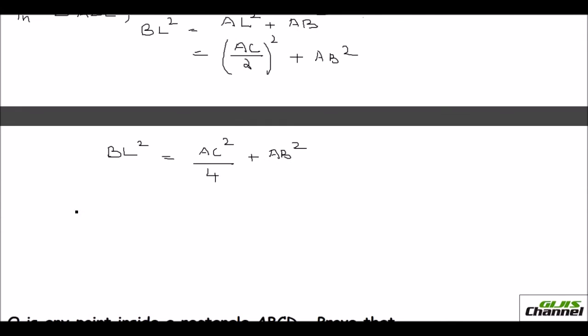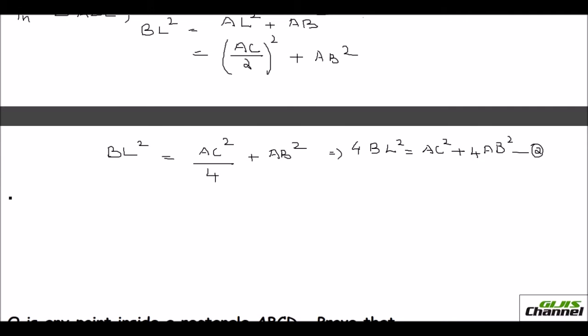So just multiplying throughout by 4, I can say that 4BL square is equal to AC square plus 4AB square. Let us take this as equation 2.